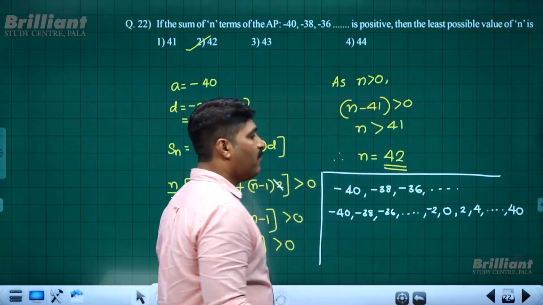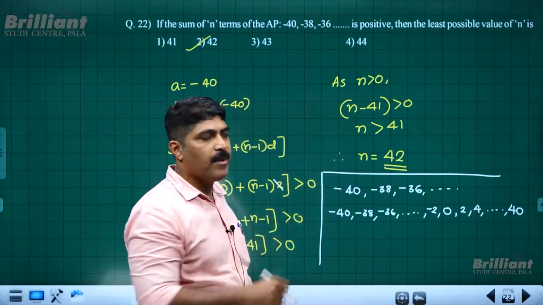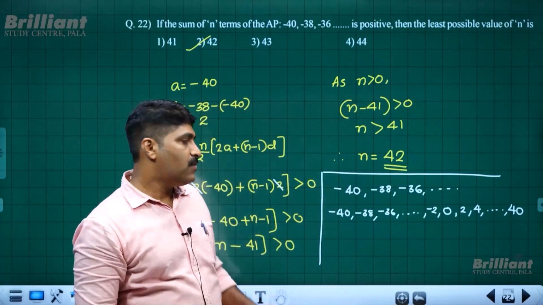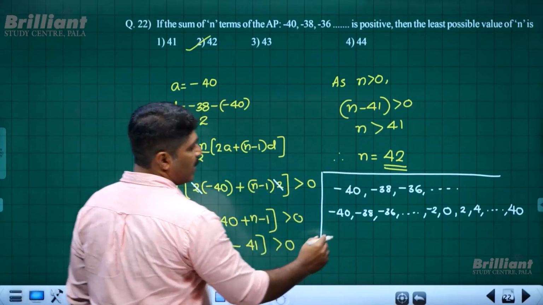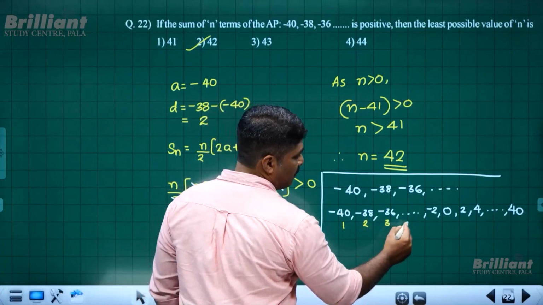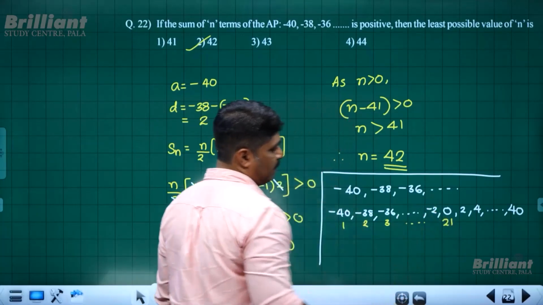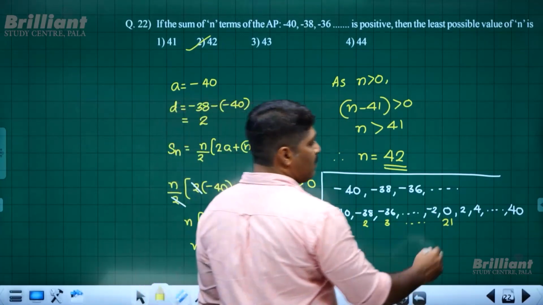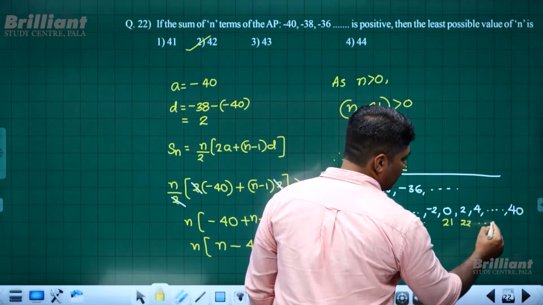Whenever we reach positive 40, the entire sum will become equal to 0. Just visualize the number of terms here. If negative 40 is the first term, this is the second term, third term, etc. This will be the 21st term, and similarly 22, etc.